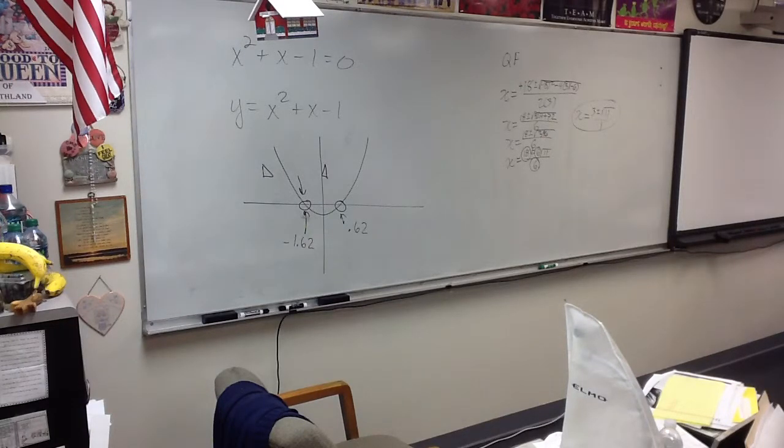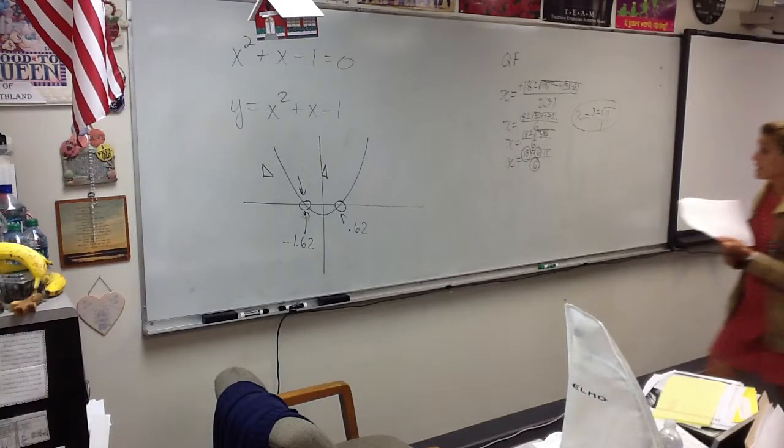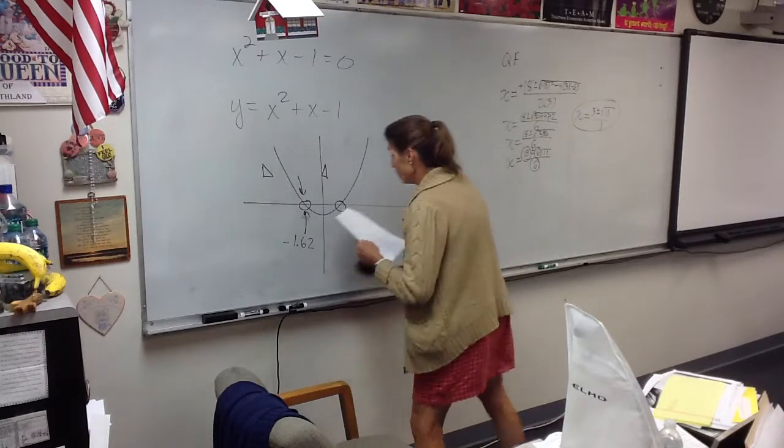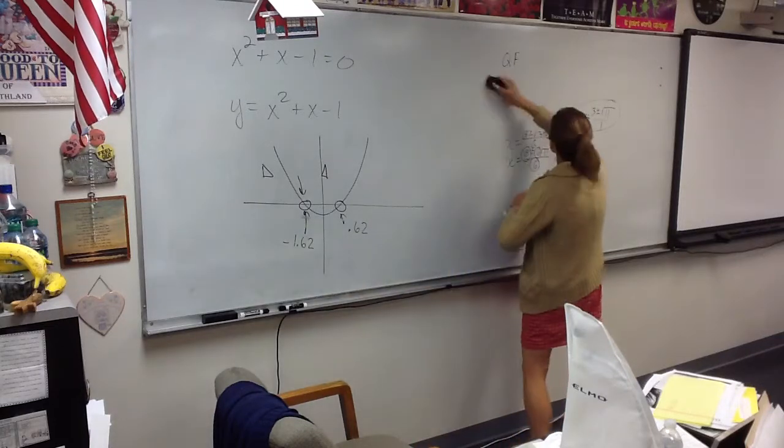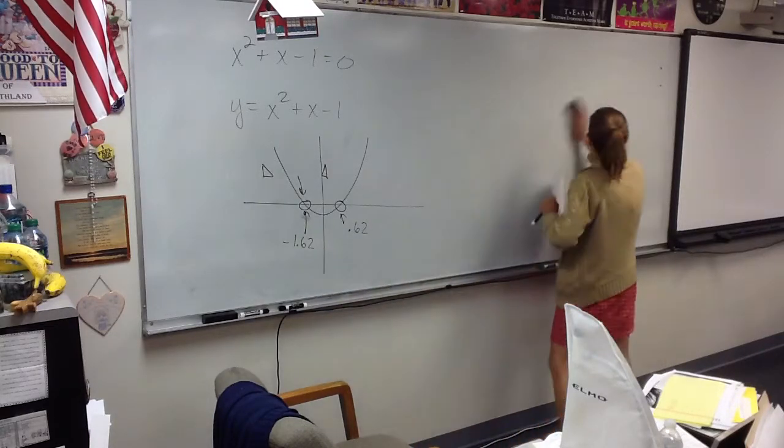Thank goodness, it seems like we've been in P5 forever. Take a look at part 5, which is on the back side of page 5. We are going to solve equations that have radicals in them.